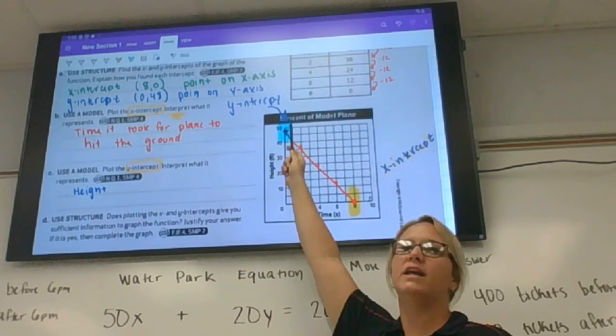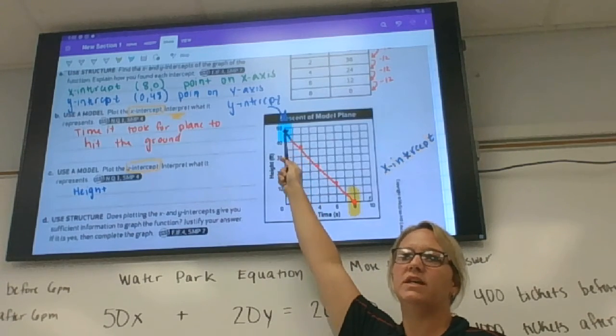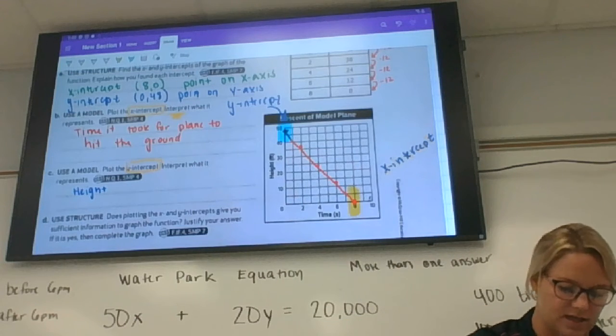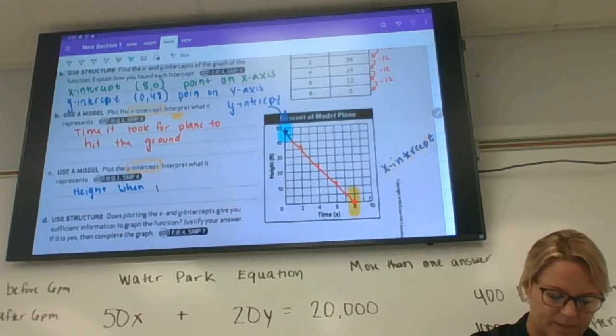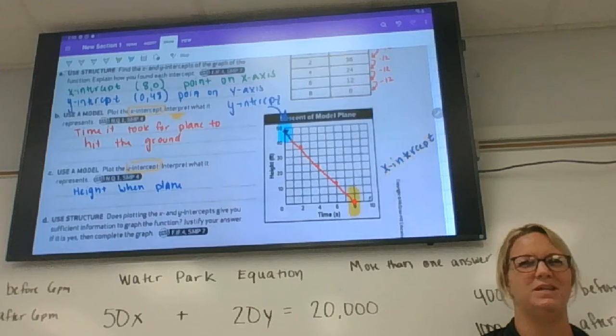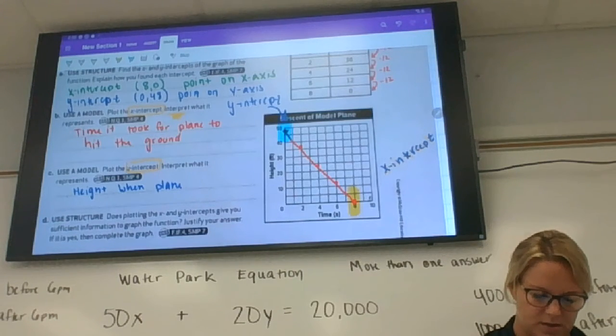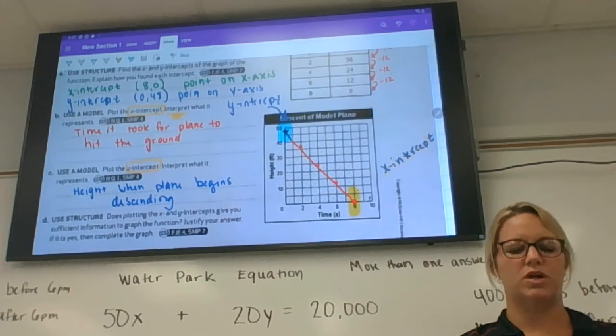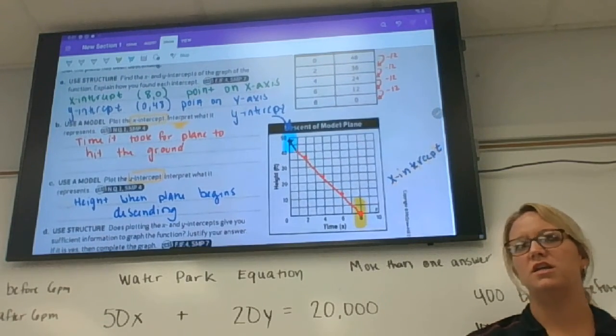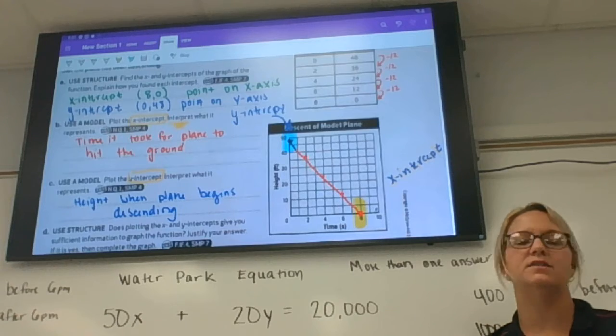The starting height. This is the height when the plane begins descending. So we're really being very picky about the words, right? Like really definitive. This is less math and more kind of like reading comprehension, data analysis.